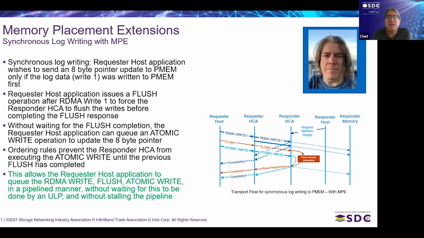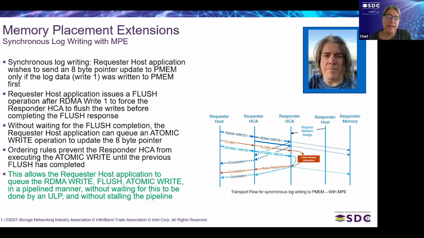Well, here's an example of what I'm going to call a synchronous log writing example, where a requester host application wishes to send an 8-byte pointer update to persistent memory on this responder system. But you only want to send that pointer update if the main blob of data that you're writing was written correctly first. So you want to write a blob of data to persistent memory.